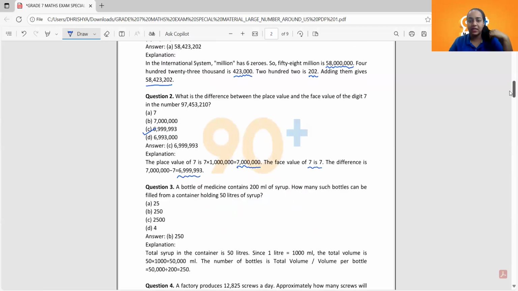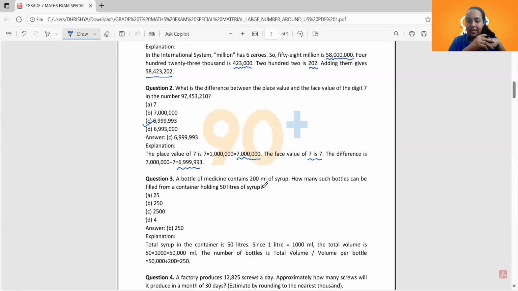Now the third question we'll take. Okay. Here, a bottle of medicine, it contains 200 ml of syrup. How many bottles can be filled from a container holding 50 liters of syrup? That is the question. So here, 50 liters of syrup total we have, and each bottle of medicine contains 200 ml of syrup. So here, first of all, it is different in quantities.